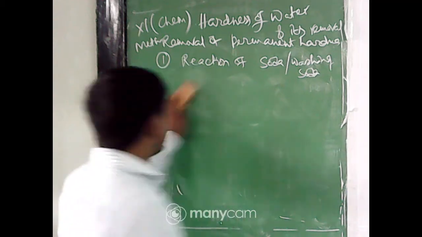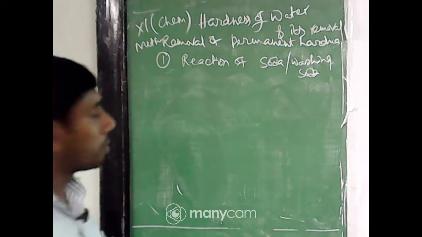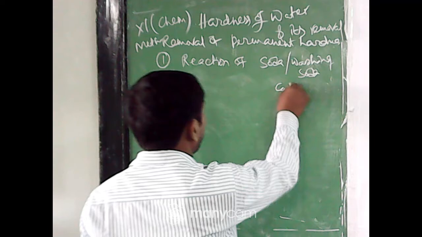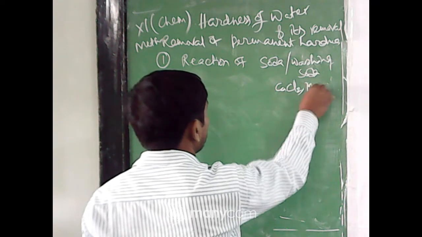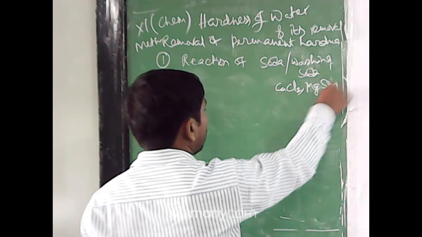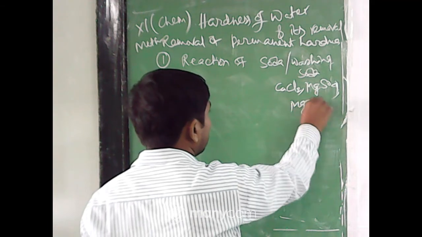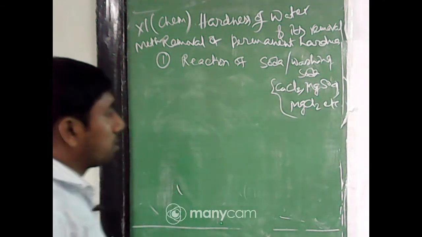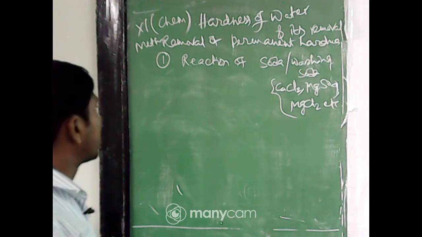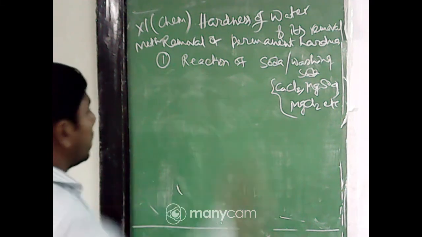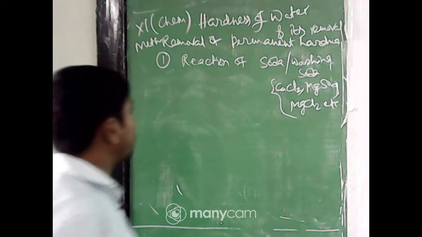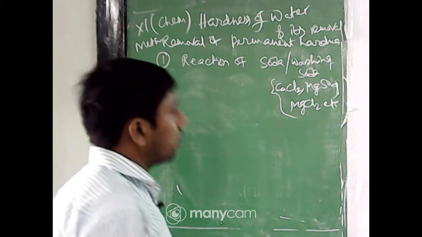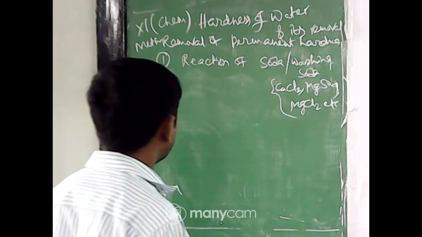Now, I have told you what cations and anions are present, that is calcium chloride, magnesium sulfate, also maybe magnesium chloride, etc. These are the compounds that may be present in the water sample. Assuming any one of these, I will treat it with the separation technique.